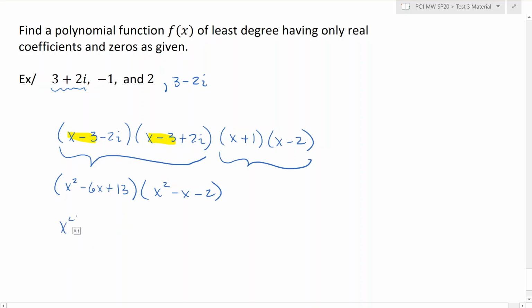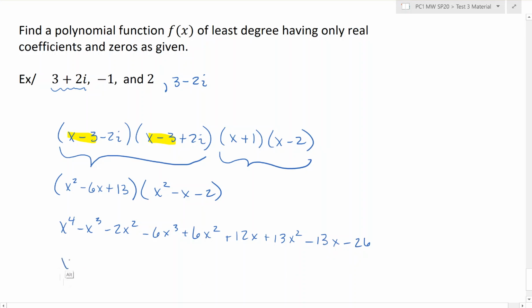So I have x to the 4th minus x cubed minus 2x squared minus 6x cubed plus 6x squared and a positive 12x. Then plus 13x squared minus 13x and minus 26.